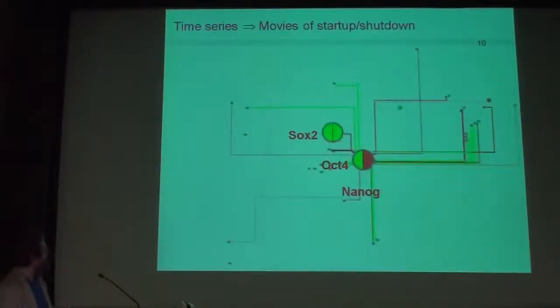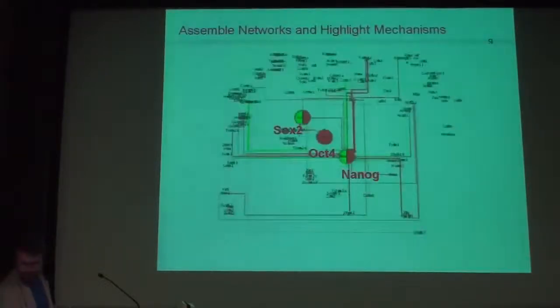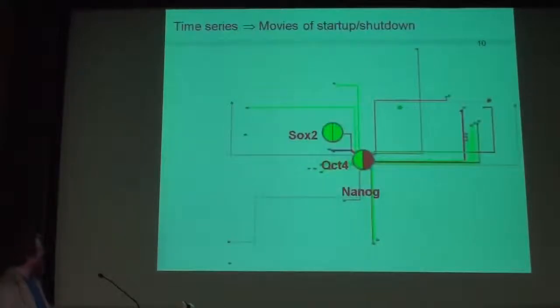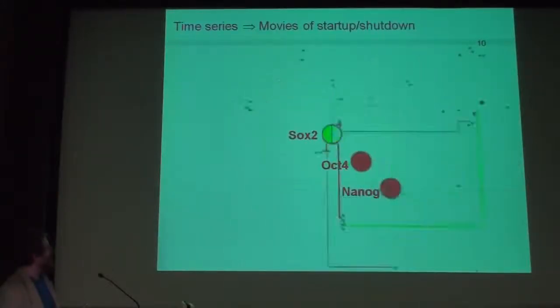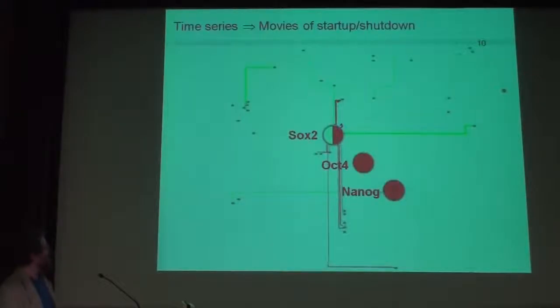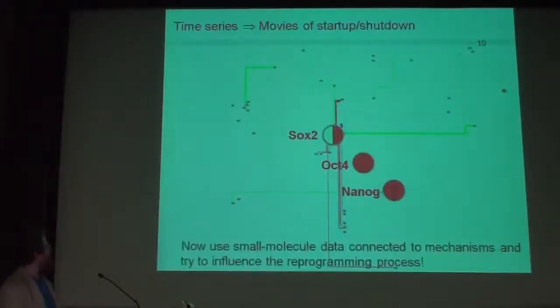And I'm going back, and if I'm going forward again, we can track the hypothetical or the hopefully real actions that are going on in that experiment of transforming a fibroblast into a pluripotent cell. And that's of course very interesting because once you have got small molecules also included in the network that are describing the small molecule effects, you may try to emulate that process by small molecules.